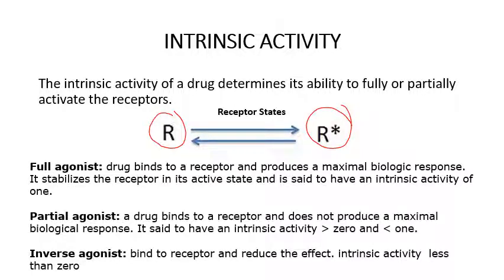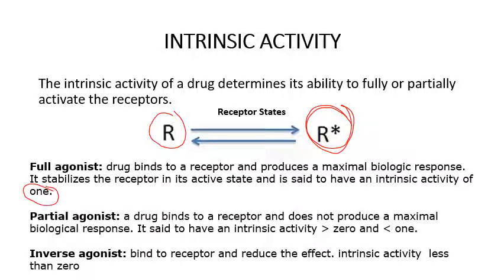For full agonists, a drug binds to a receptor and produces a maximal biological response. It stabilizes the receptor in its activated state, and it is said to have an intrinsic activity of 1.